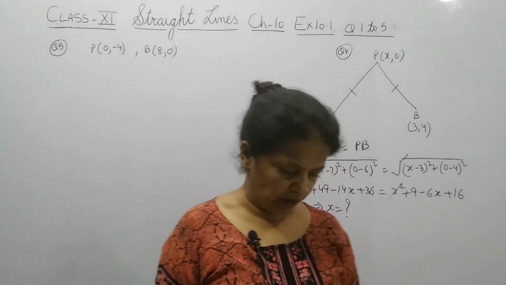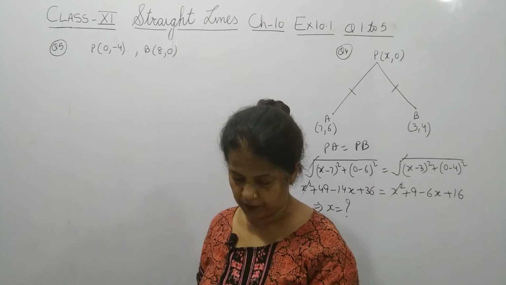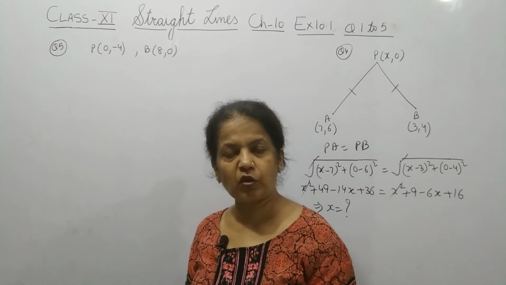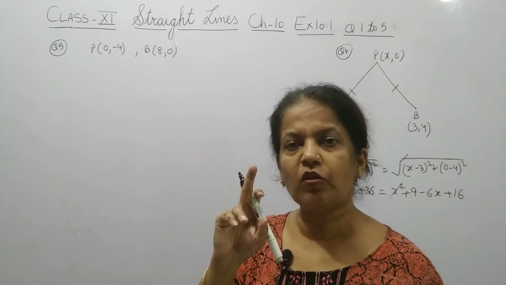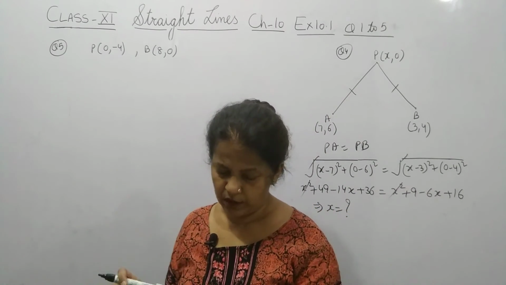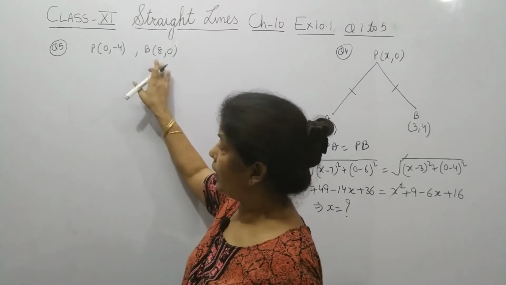In question 5 it is written: find the slope of a line which passes through the origin. So one coordinate will be (0, 0), and the midpoint of the line segment joining these two.